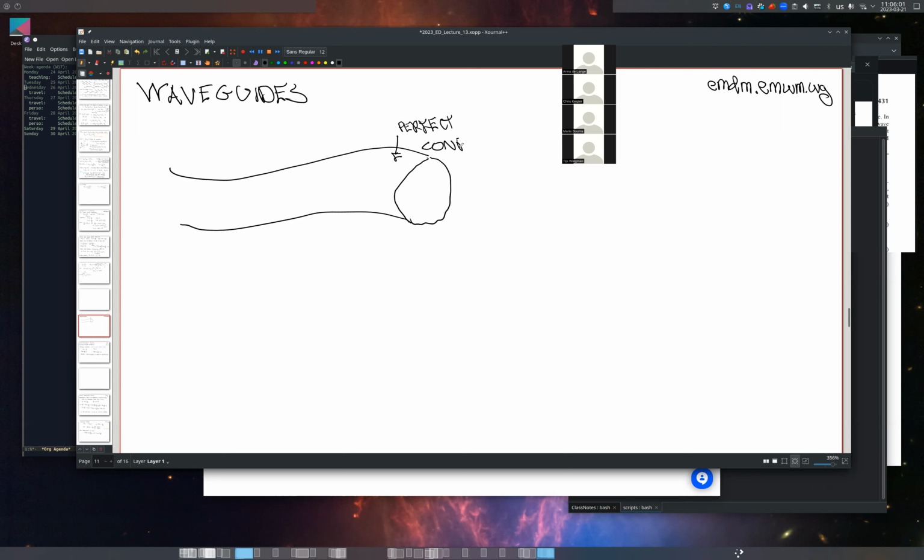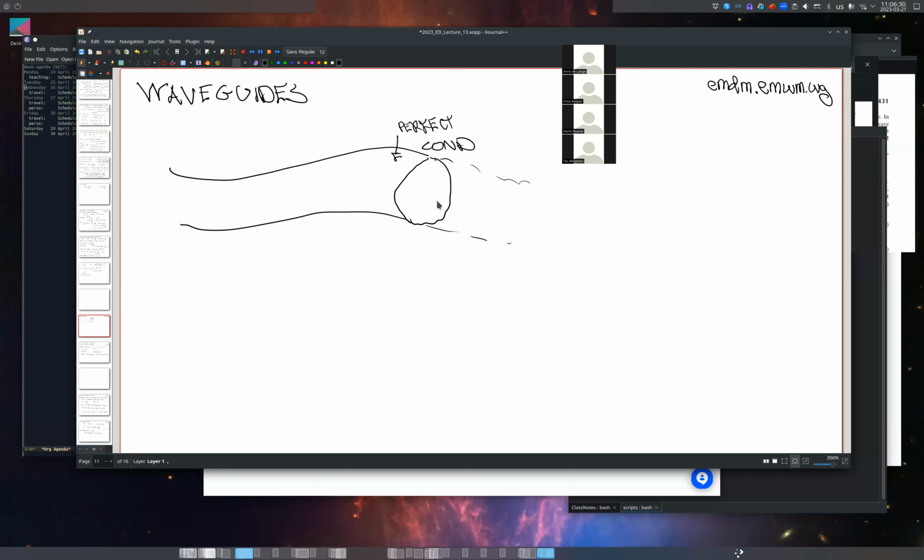If I imagine this thing just carrying on, it's just like a full tube going through space. This perfect conductor, you can visualize as a perfect boundary between two spaces, inside and outside. And of course, the electromagnetic fields have to obey boundary conditions at this perfect conductor.